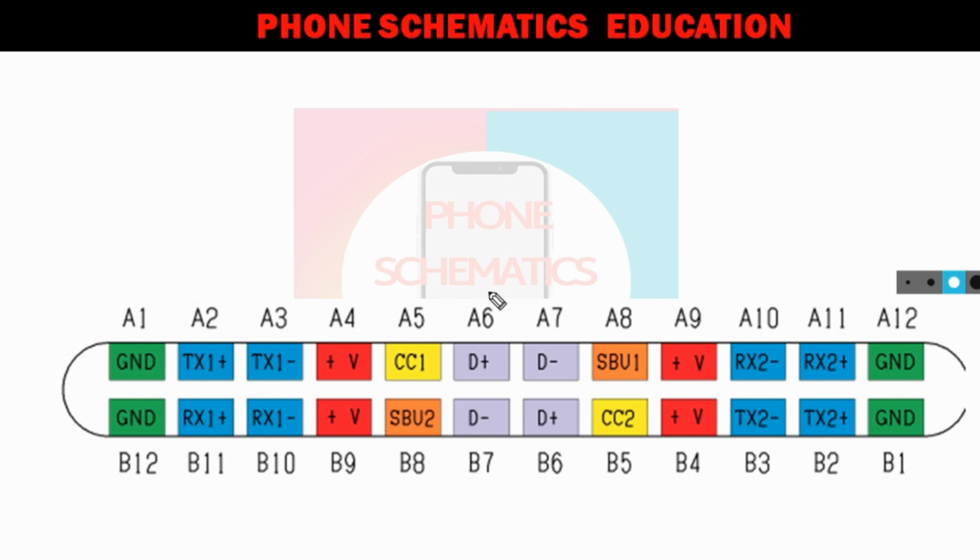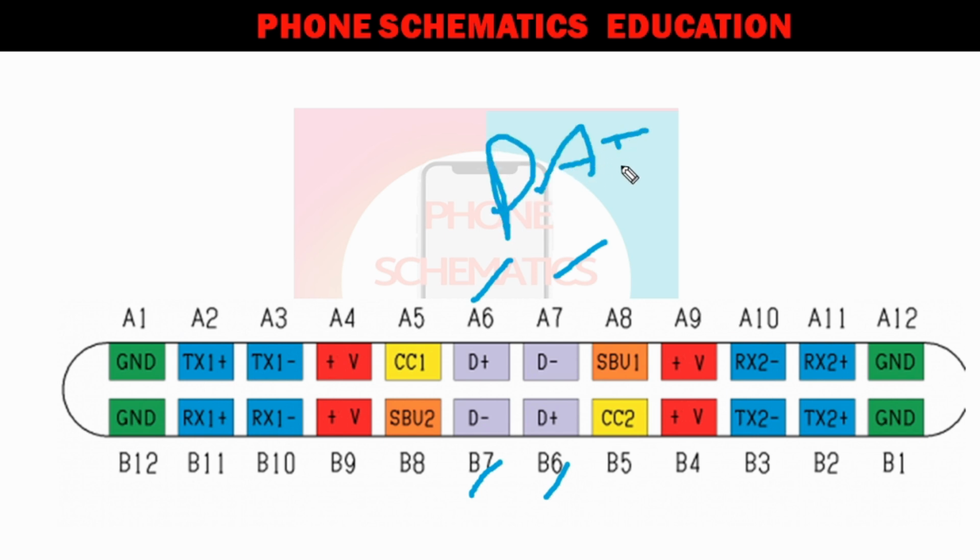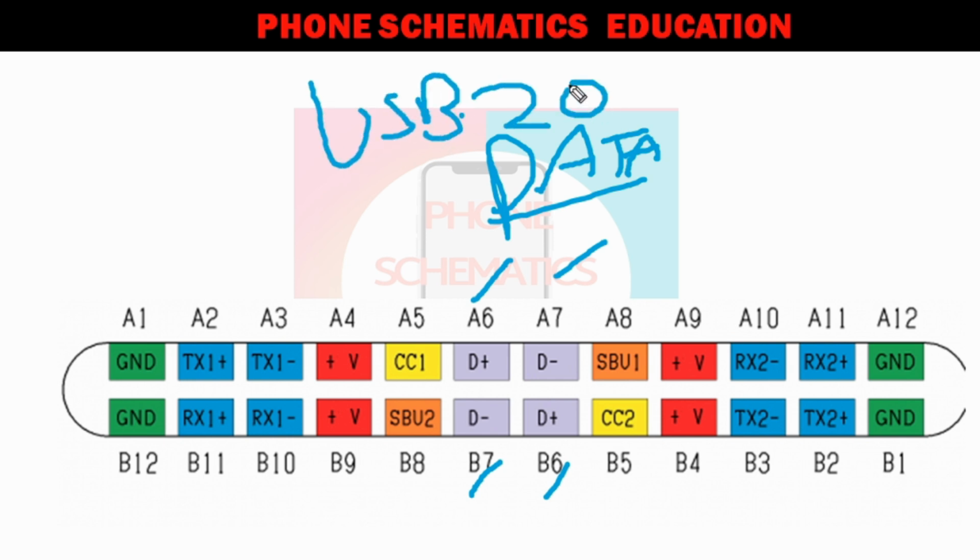But before that, we see D plus and D minus. Pins A6, A7, B7, B6 are D plus, D minus, the data pins for data transmission. I have already explained how these pins work for data transmission on a micro USB port, USB 2.0, right?